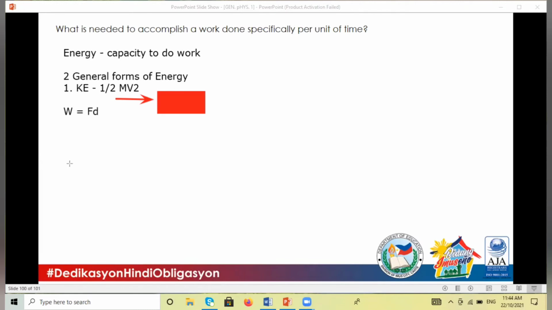But since the object here moves and acquires a velocity from rest, it undergoes acceleration. So yung object kasi dyan, di ba, once you push, nag-acquire siya ng velocity.